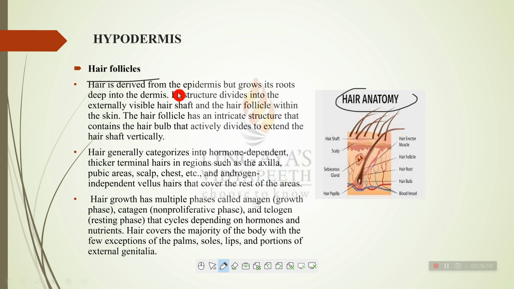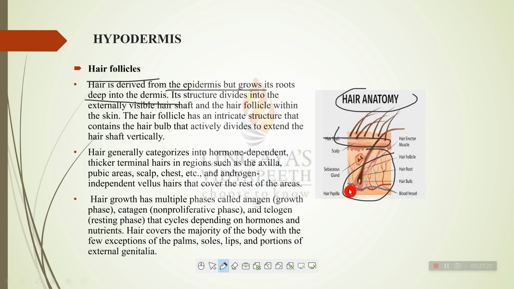Moving on, the hypodermis consists of hair follicles. Now talking about the anatomy of hair. Hair is derived from the epidermis but grows its root deep into the dermis layer. If you understand the anatomy of hair, you can see that hair consists of the hair shaft and the hair follicle.